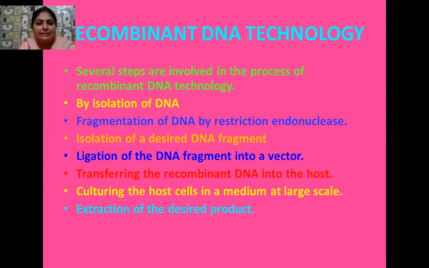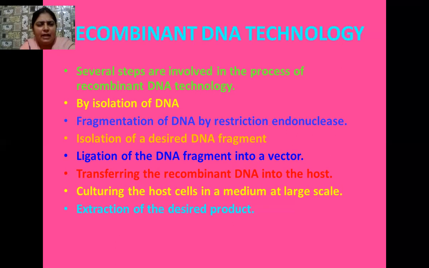The next step is to culture these host cells, in which our recombinant DNA has entered, in a medium on a large scale so that we obtain large quantities of our desired proteins. Okay, students, the last step is the extraction of the desired product. When we have done the gene cloning, or the cloning of our DNA of interest, the next step is to extract our desired product, which may be any antibiotic or drug, or some agrochemical, or some enzyme or microbes.